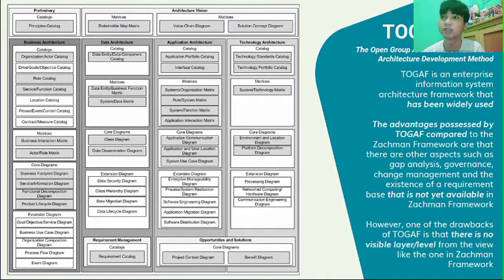The advantages possessed by TOGAF compared to the Zachman framework are that there are other aspects such as gap analysis, governance, change management, and the existence of requirement base that is not yet available in the Zachman framework. However, one of the drawbacks of TOGAF is that there is no visible layer or level from the view like the one in the Zachman framework.